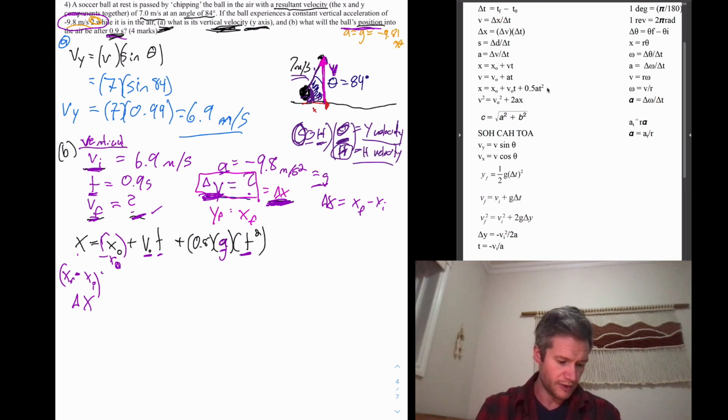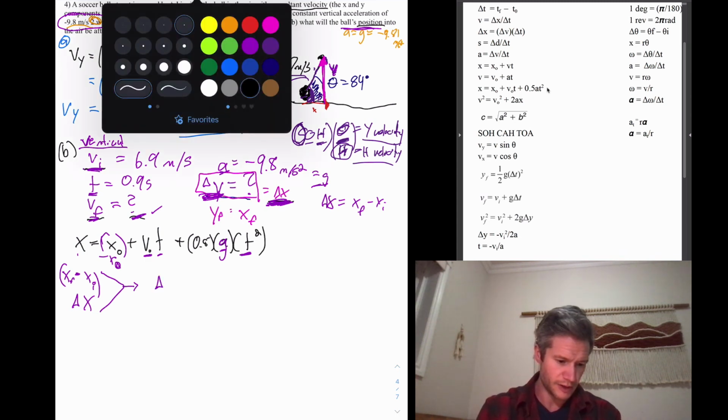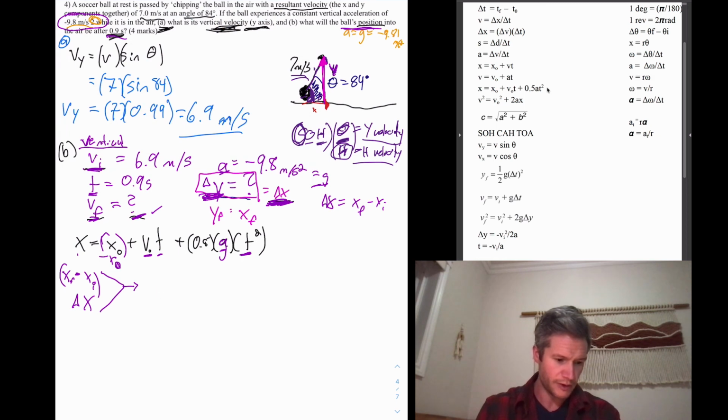So again, all of this we can just say equals delta y, and actually let's rewrite this whole equation now, just as we've changed it and modified it to fit our needs.